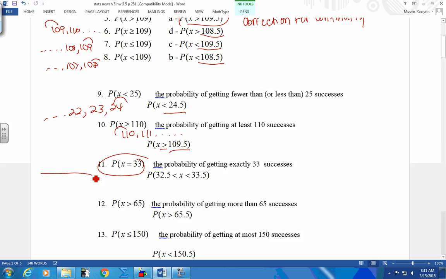If I'm on your number line just at 33 and I need to make a bar out of this, I'm going to have to make this an inequality. It's 1 point. So my rule is the left end, drop at 0.5, the right end, raise at 0.5. And I only have 1 point to work off of. So I have to make it an inequality. So it actually just took that one little line and made me a little bar.